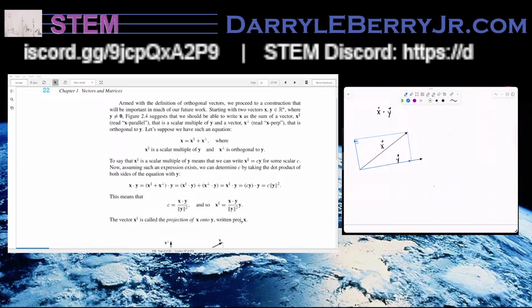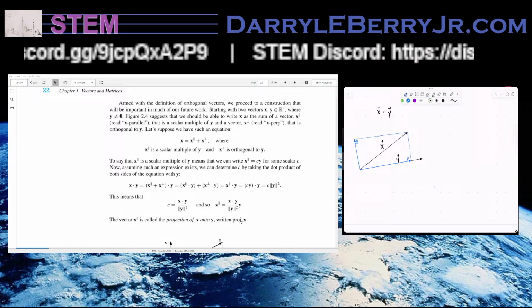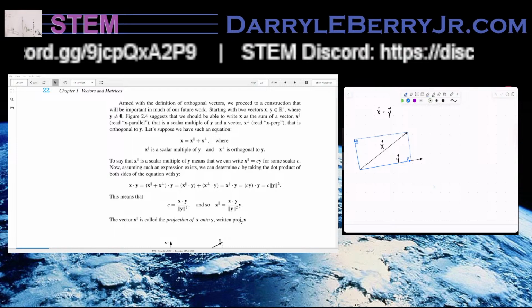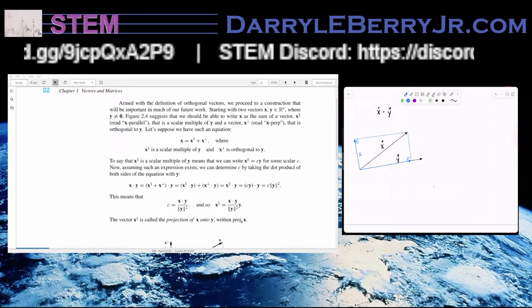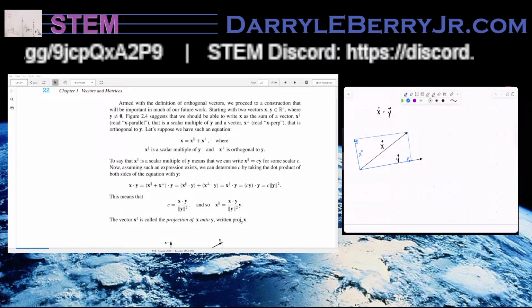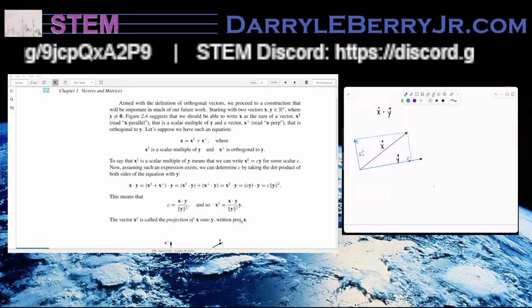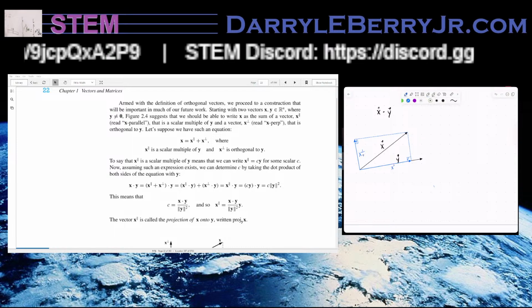So this is a right angle, and this is a right angle. And that's simply breaking up that x into its component vectors. So this is x perpendicular to y and x parallel to y.